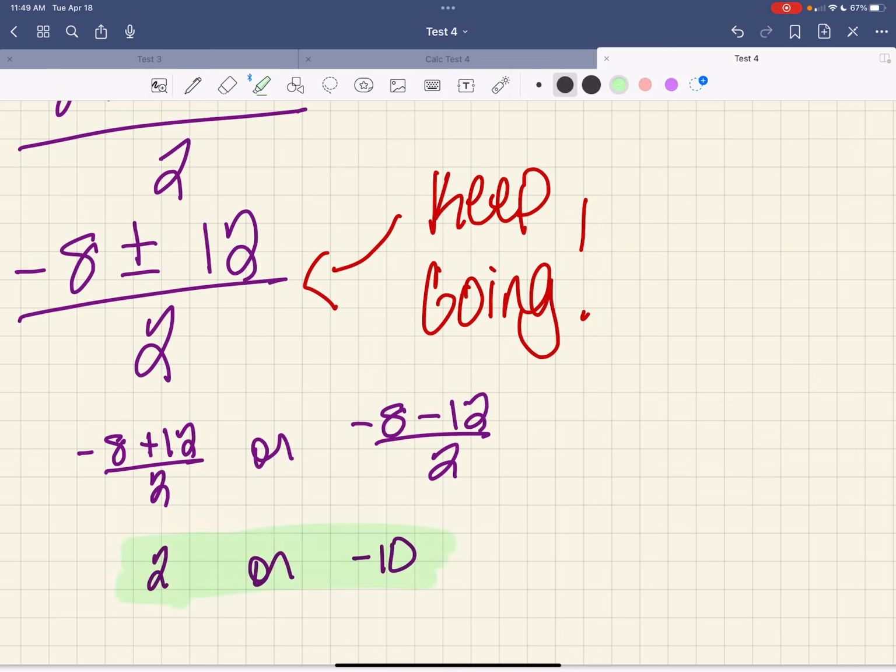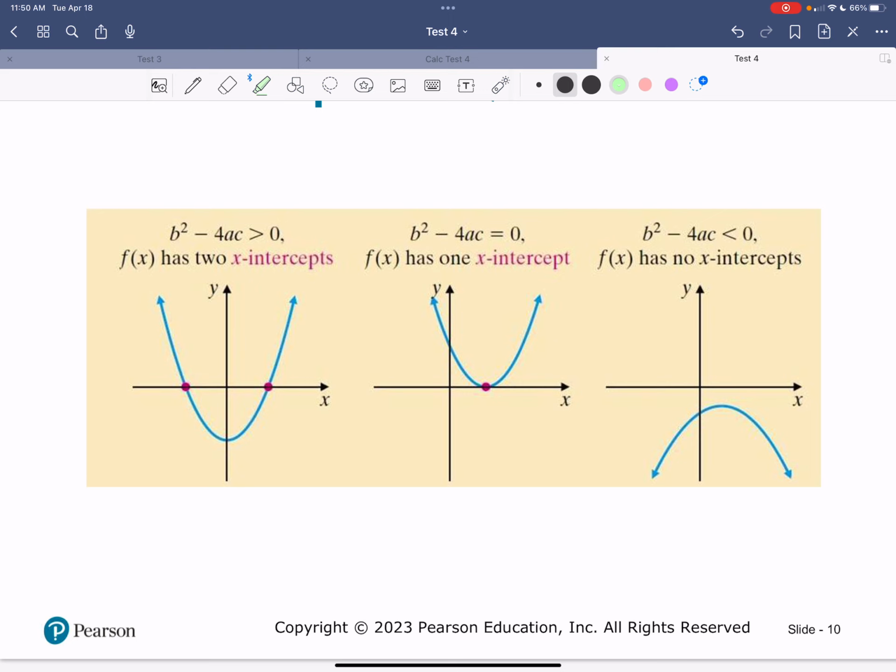Now, we did not talk about the discriminant, but I want you to get a visual of what we're looking at right here. Okay? I want you to get a visual of what we're doing. So what I have right here is a quadratic, and what we're looking for is where does this quadratic cross the x-axis?